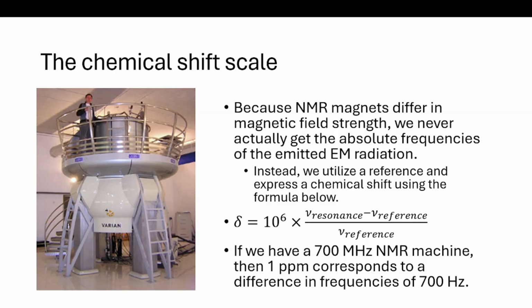Delta is our chemical shift in parts per million, and it's equal to 10 to the power of 6 times the difference in frequencies divided by the reference's frequency. Therefore, if we have an NMR machine that runs at 700 megahertz, then 1 part per million corresponds to a difference in frequencies of 700 hertz.